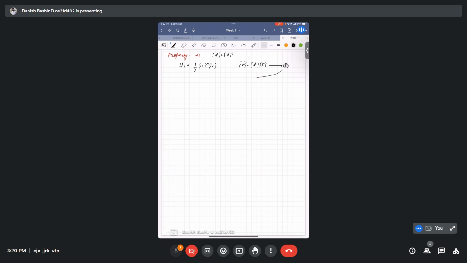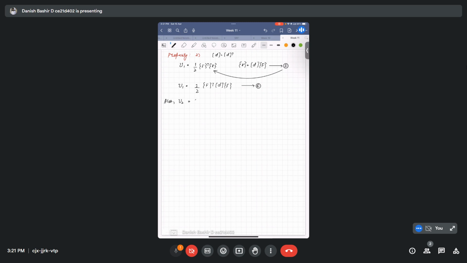If I incorporate this equation into this, I get U1 as one half of F transpose DF. This is equation six. Same, I can write it as U2 also.